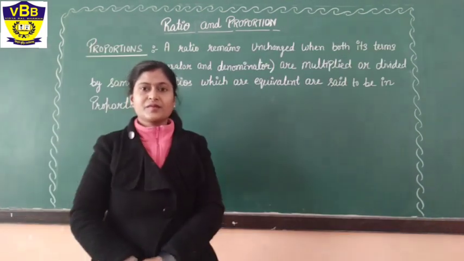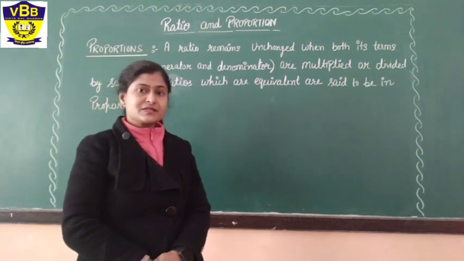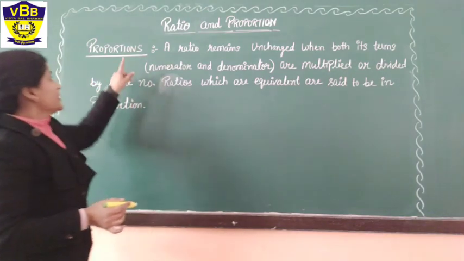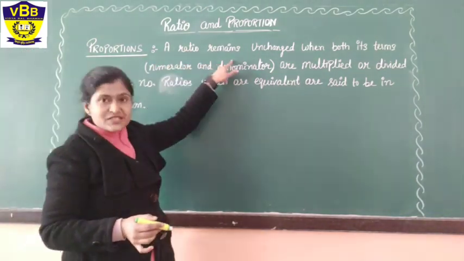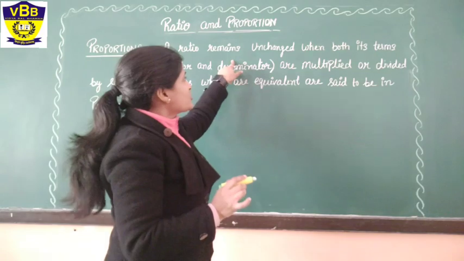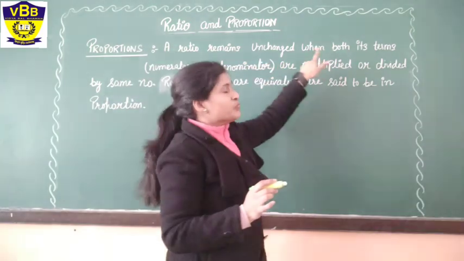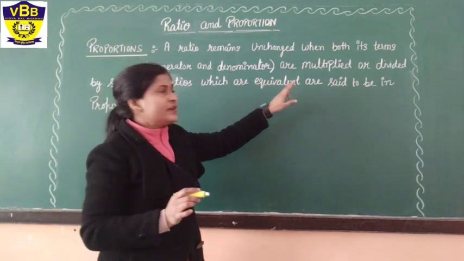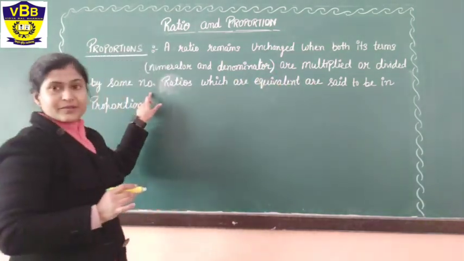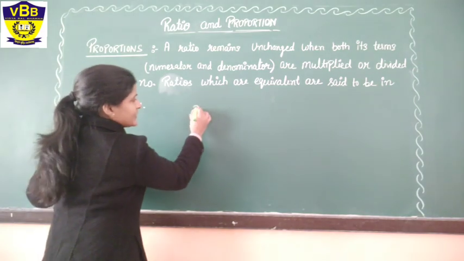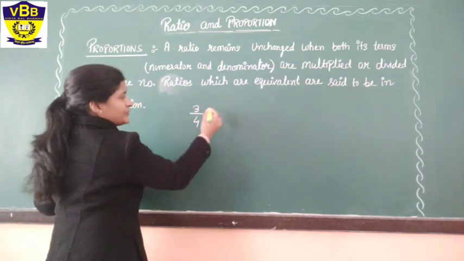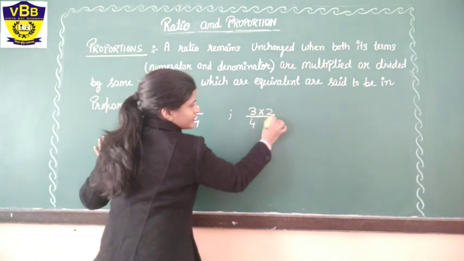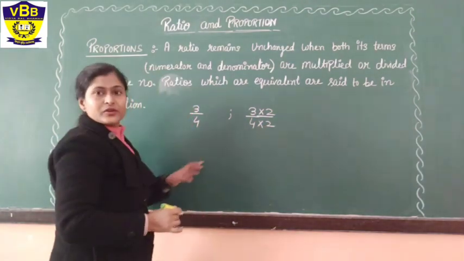Okay beta. So our next topic is proportion. What is a proportion? A ratio which remains unchanged when both its terms, numerator and denominator, are multiplied or divided by the same number. Let us take an example: 3 by 4. Let us multiply by 2.